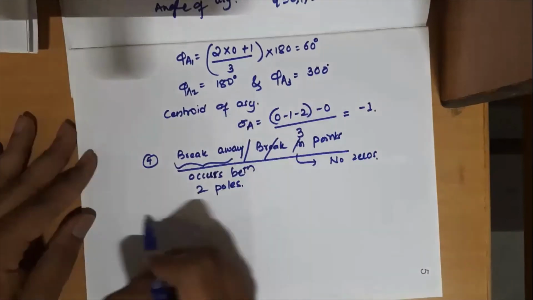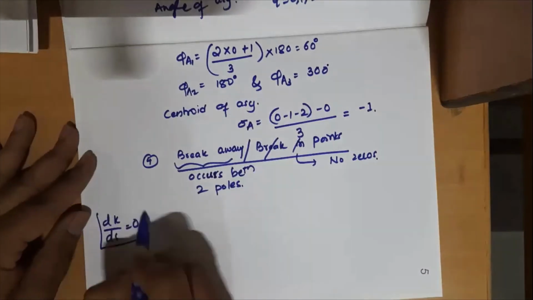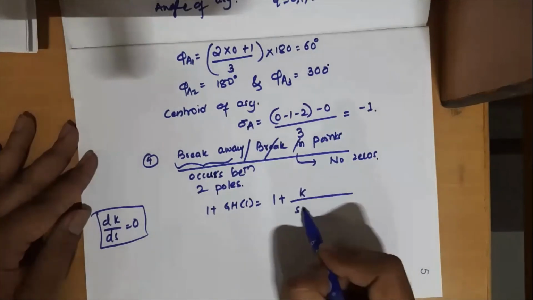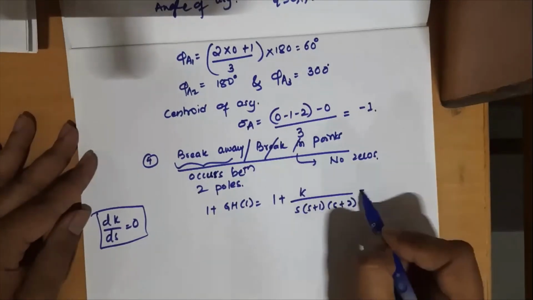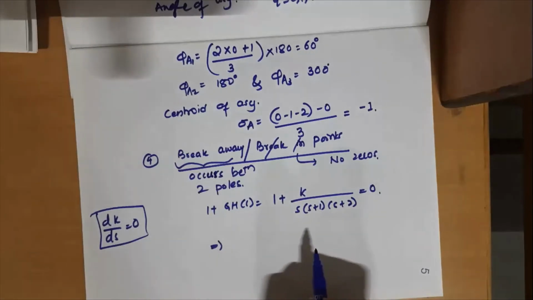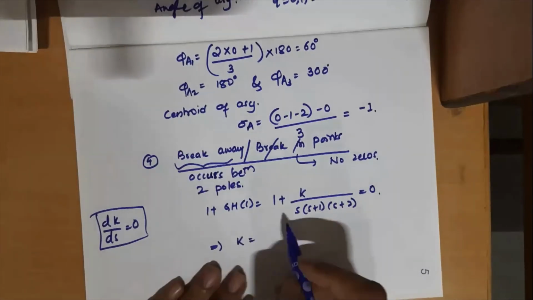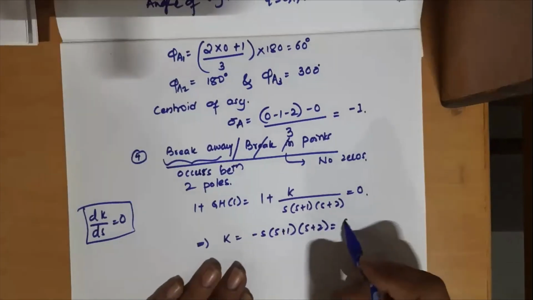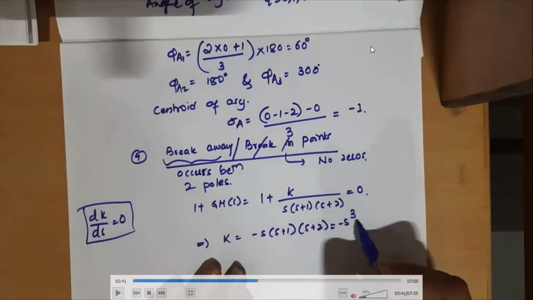So how to calculate breakaway? It is dk by ds equal to 0. For that, formulate the characteristic equation: 1 plus k divided by s into s plus 1 into s plus 2. And rewrite this, you will get k equal to minus s into s plus 1 into s plus 2, because I will take this denominator this side, and when it comes to the other side it will be minus.